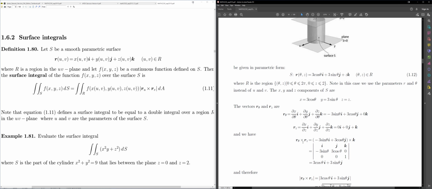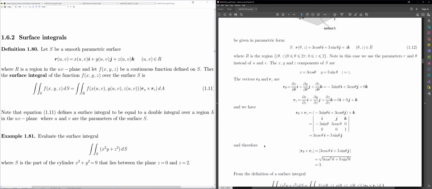Anyway, so I have this r theta cross rz. And notice in this formula, what I'd need to do is take the modulus of that. The modulus is the length of this vector. R theta cross rz is a vector, well, more precisely, it's a vector field. But anyway, you take the modulus of the vector, which is you square your components.